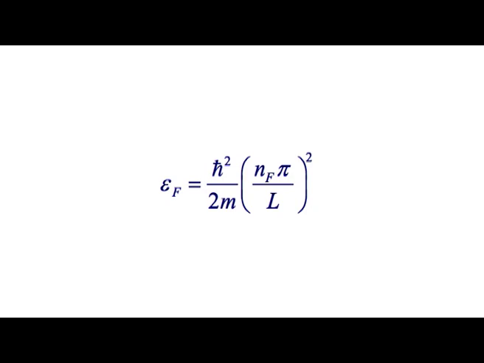I forgot to tell you from where this Fermi energy comes up. Fermi energy is the highest energy which an electron can have at absolute 0 of temperature, so that is a limiting situation.